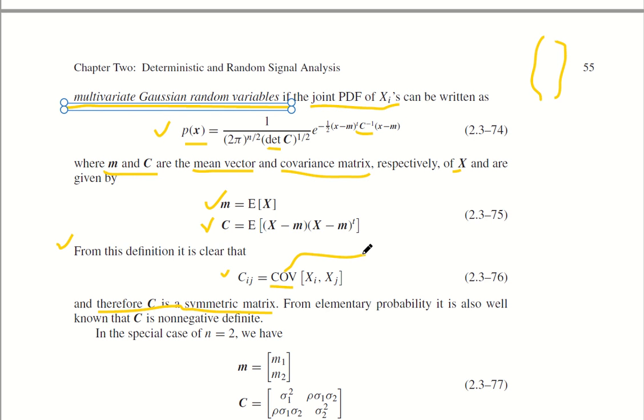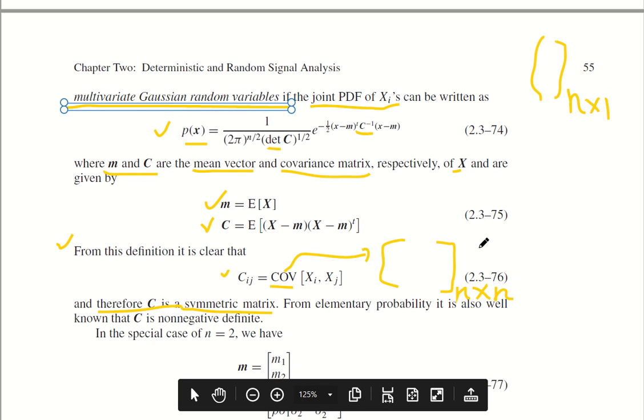So if we take a look, what is C? When it comes to matrices, I always like to think about the dimensions first. So C is n by n, and this is n by 1. If we clarify the dimensions, the problems will be clear.